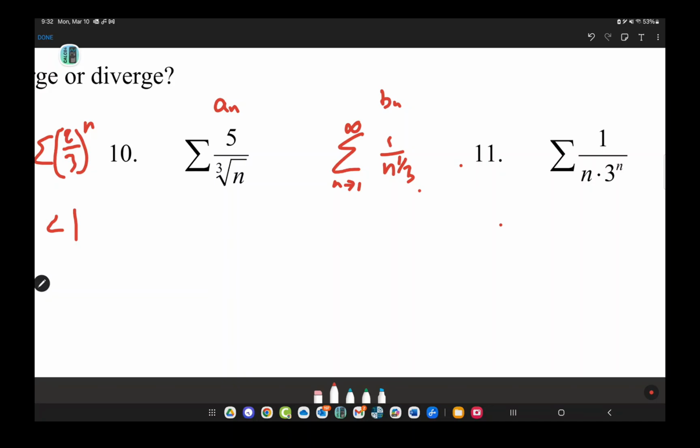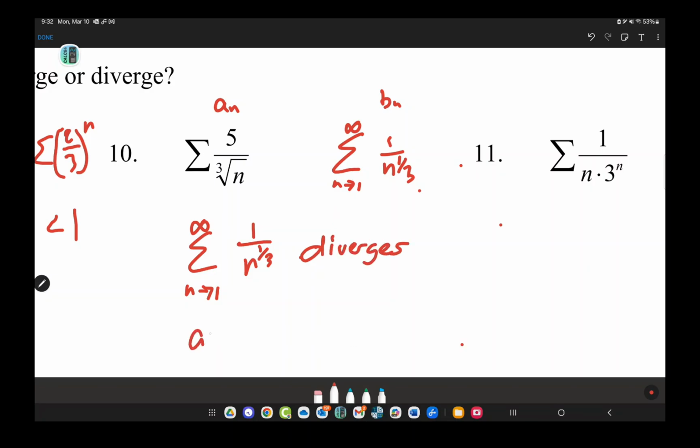Now, what do we know about p-series and convergence and divergence? In order to converge, the exponent must be greater than 1. In this case, the sum as n goes from 1 to infinity of 1 over n to the 1/3 diverges.